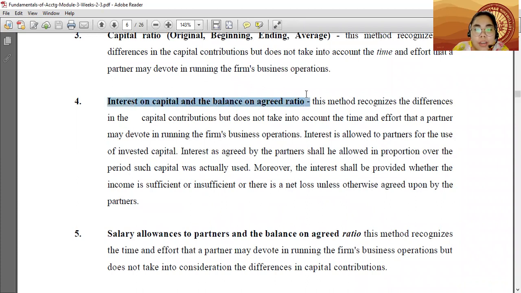We will understand this later on when we record various partnership transactions, taking into account the sharing of their income or losses at the end of the accounting period.